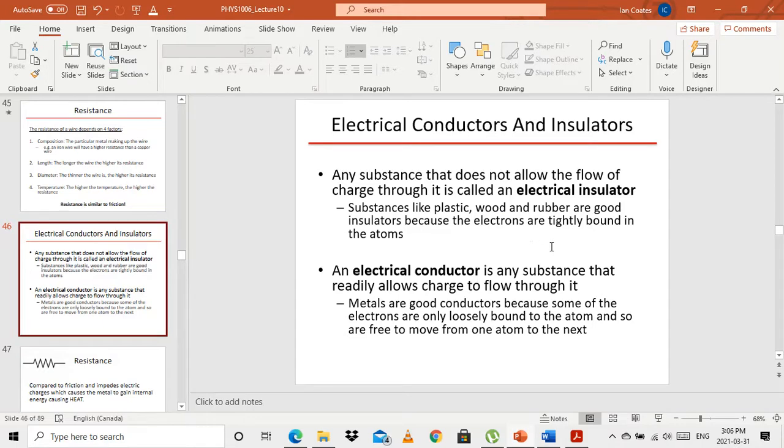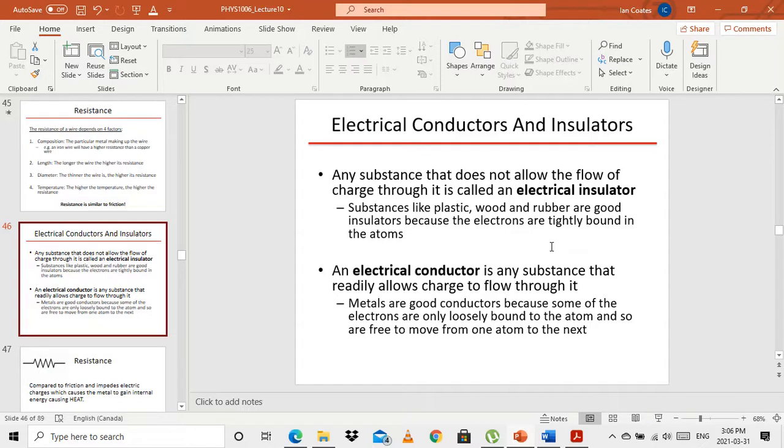Any substance that does not allow the flow of charges through is called an electrical insulator. Plastic, wood, rubber, they keep their electrons. They do not let the electrons move freely. These are electrical insulators. Conductors, generally think metals. And metals have a weird structure, like you can take a piece of iron, melt it down and shape it into a bird cage or a sword, or you can smash it into a piece of iron putty.